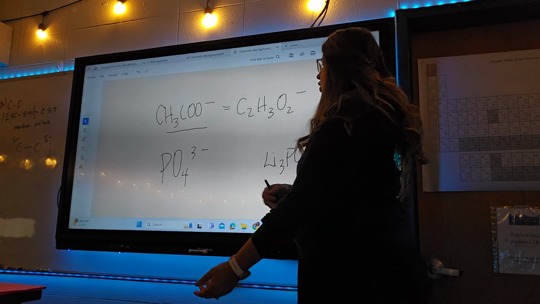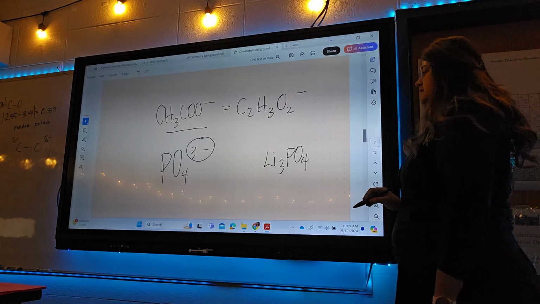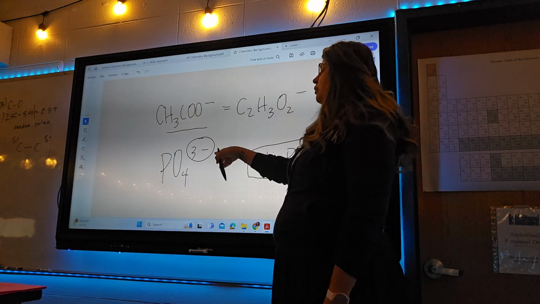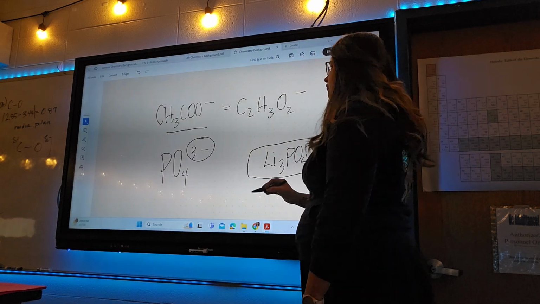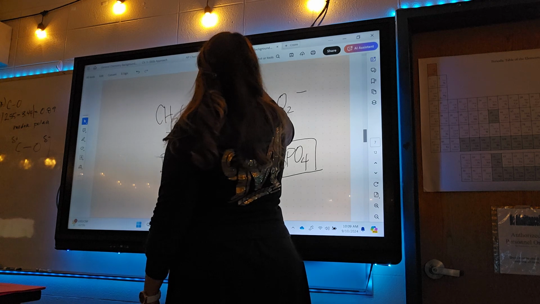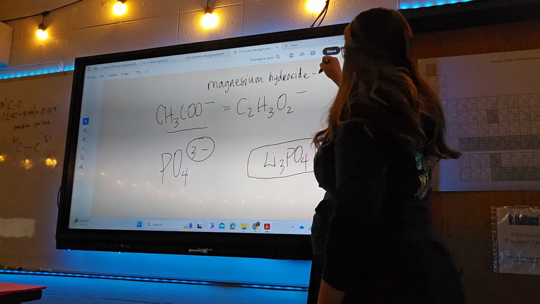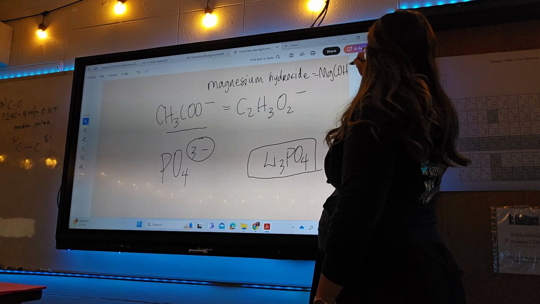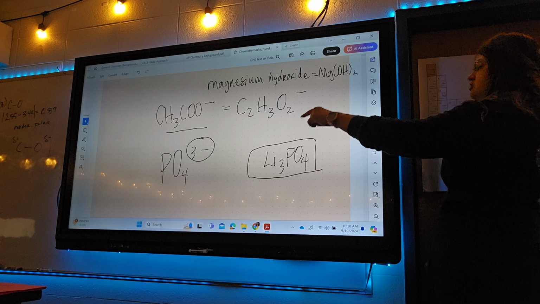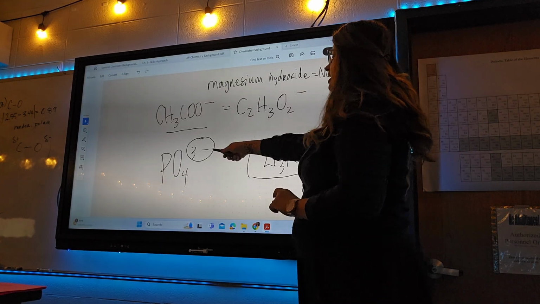So you don't need to know why this has a 3 minus charge or why it's different yet, because I will give you the compound's formula. This will become important next week when I teach you how to go from the name to the formula. We will spend an entire day on just this. So don't worry about that for now.